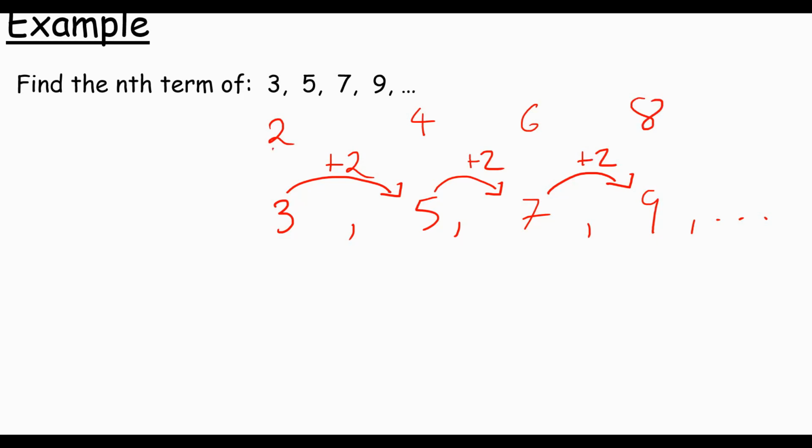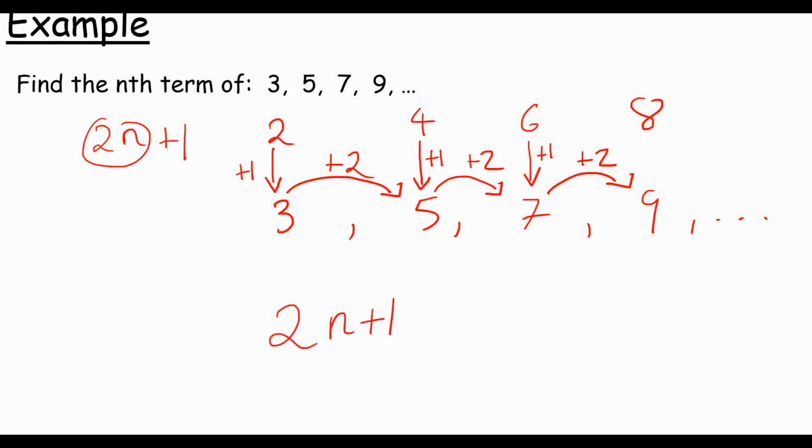The 2 times table can be represented as 2n. To go from each term in the 2 times table to the corresponding term in our sequence, we're adding 1. So the nth term is 2n plus 1. And remember, this means 2 times n, and then you add 1.